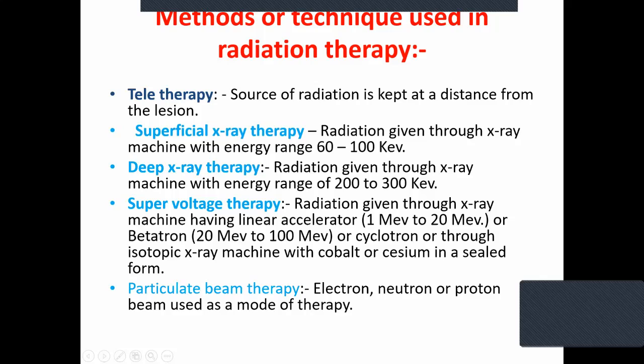For deep X-ray therapy, the energy would be 200 to 300 kilo electron volt, and for supervoltage therapy, the energy would be 20 to 100 mega electron volt, right? Then the next one is particulate beam therapy. Here, electron, neutron, and proton beams can be used for therapy.